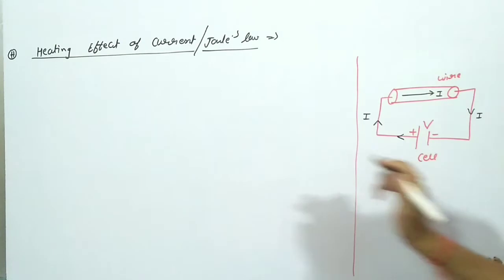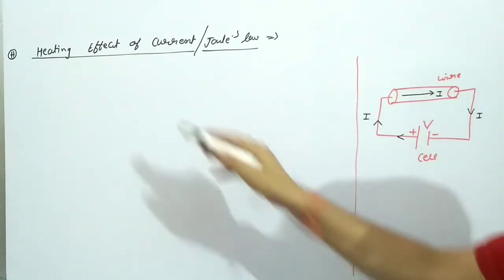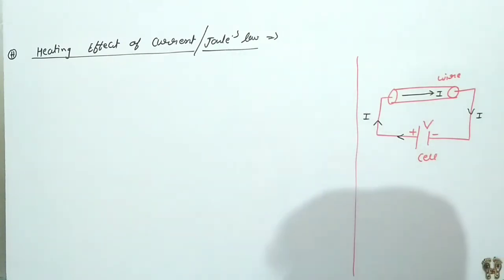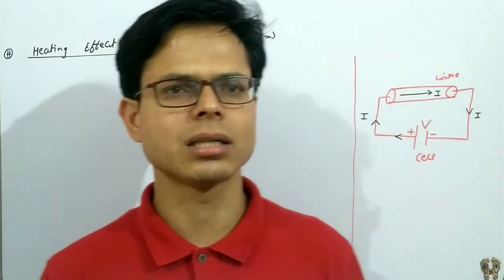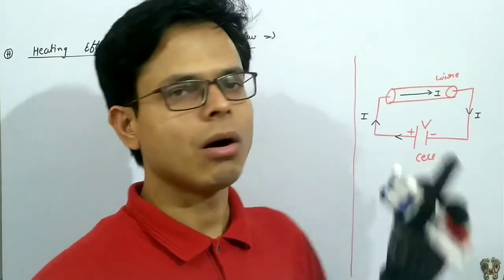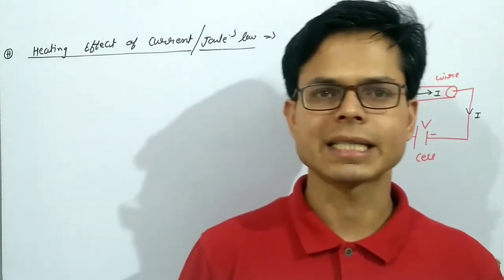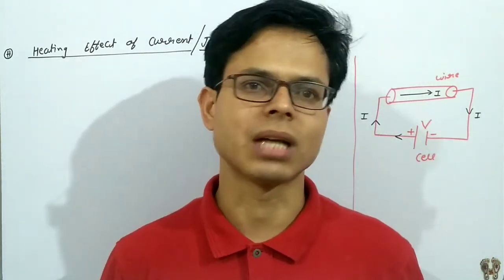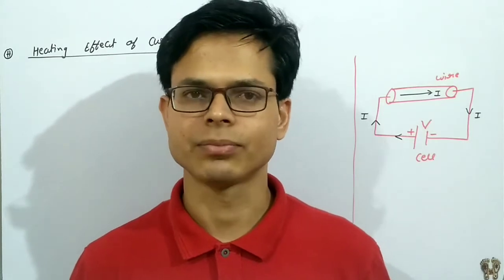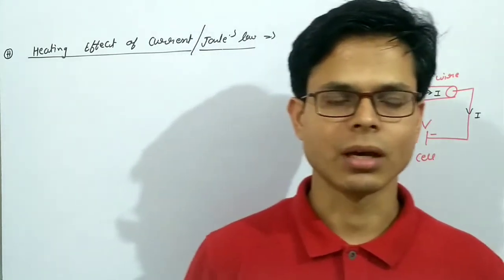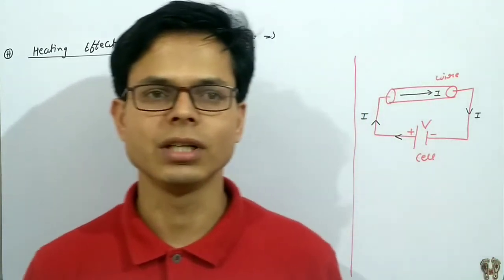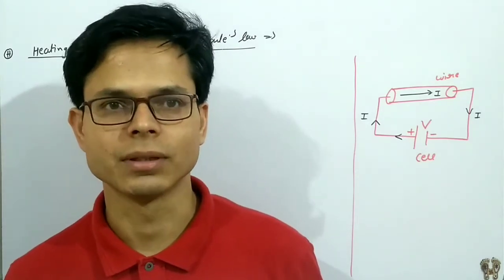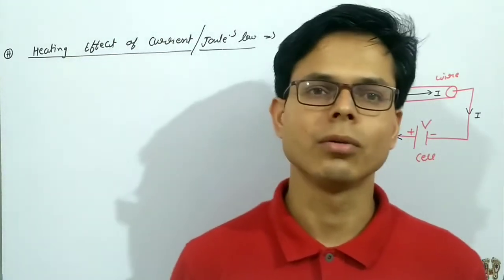Now, what is the heating effect of current? According to Joule's law, when a conductor is connected to a cell or battery, current starts flowing through the conductor, and after some time the conductor heats up. For example, if you charge your mobile phone, you feel that the phone also heats up.